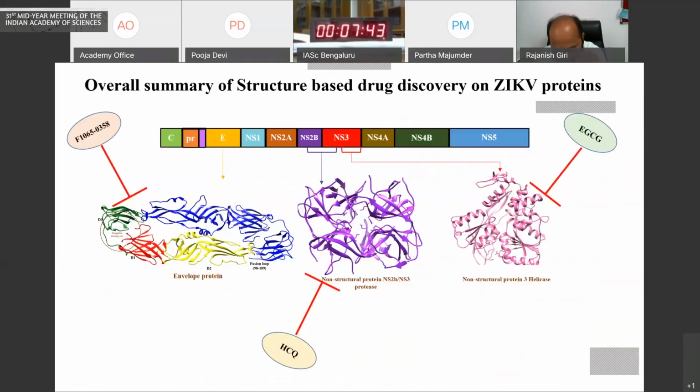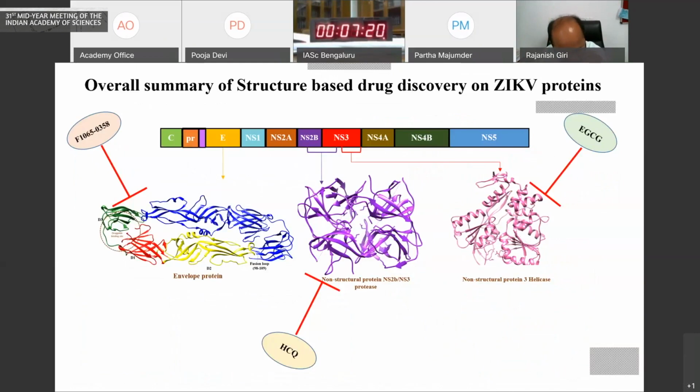Apart from this, we also discovered that EGCG, the green tea molecule, inhibits the Zika virus helicase enzyme. We also worked on the envelope protein of Zika virus, and we found that there is one compound from a library which inhibits the envelope protein activity, the envelope protein folding-back mechanism.